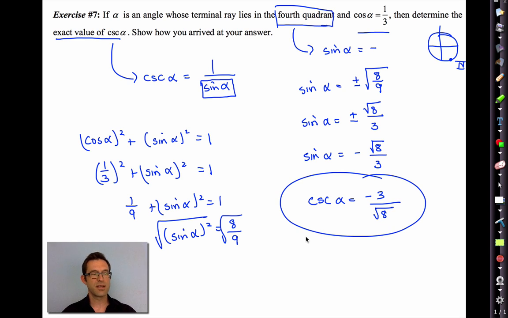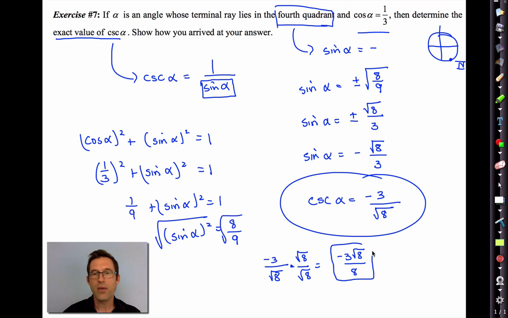Now, that's the exact value. I'm very, very comfortable with that. There's lots of different ways, though, that you could write this. And again, I want to emphasize this in case your teacher would want you to do this. You could rationalize. All right, so this would be one way to leave your answer as well. And we could even simplify the square root of 8 as 2 times root 2.